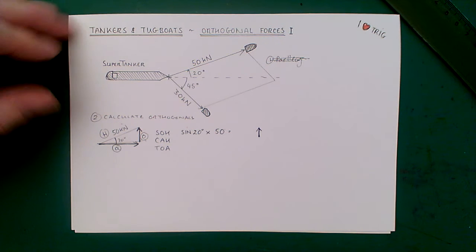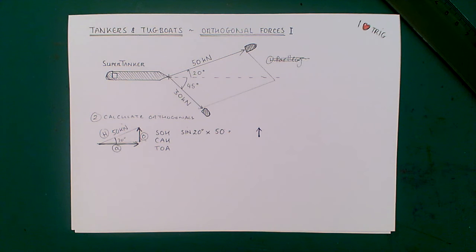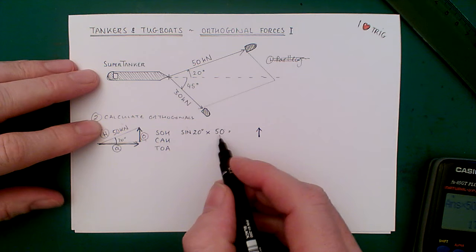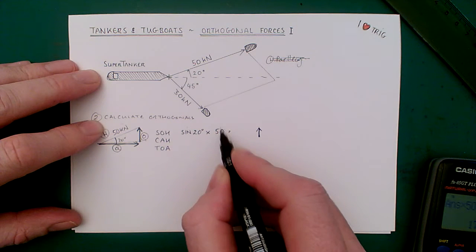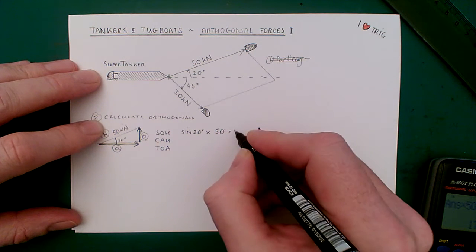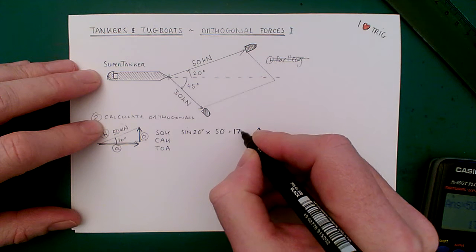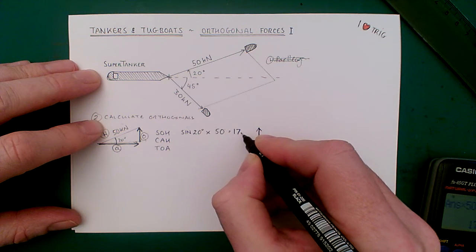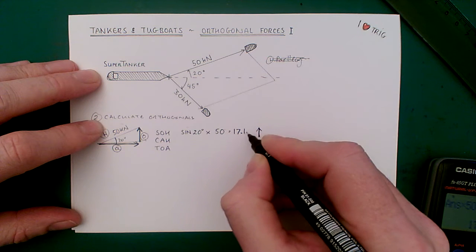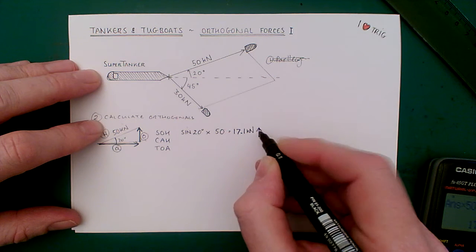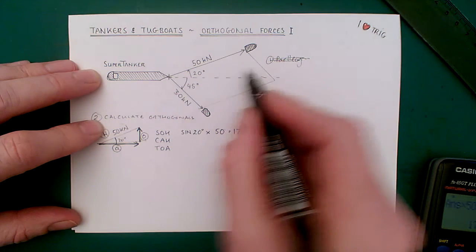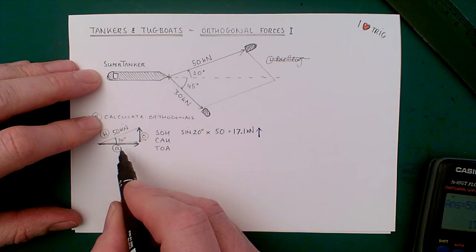So let's work that one out for you. The sine of 20 multiplied by 50, so this is almost like a percentage of the force, and we have 17.1. So that would be 17.1 kilonewtons in that direction as part of the overall force in that little system here.